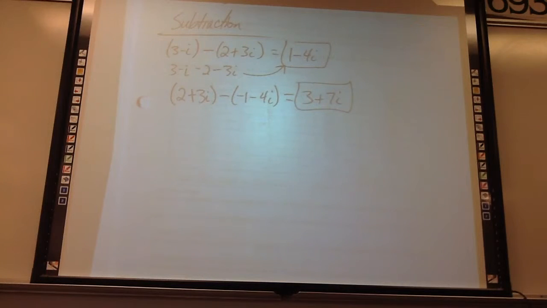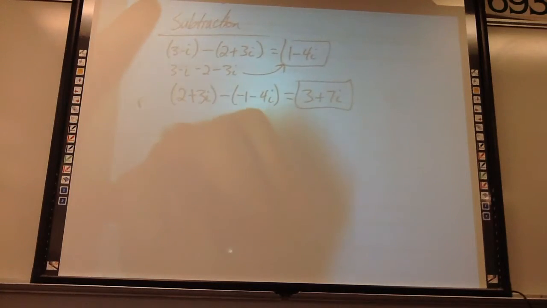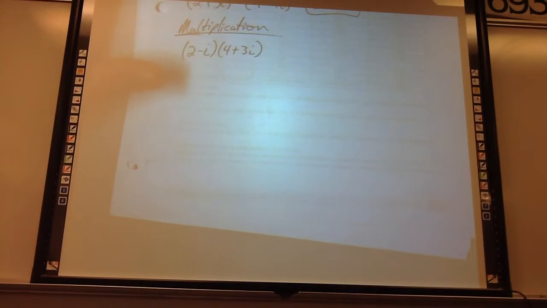What do you think's next? Division. Close. Multiplication first, and then we'll divide. Multiplication. It's just distributive property. So if you have 2 minus i times 4 plus 3i, you just do distributive property.